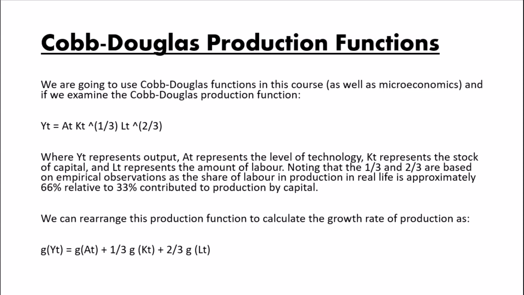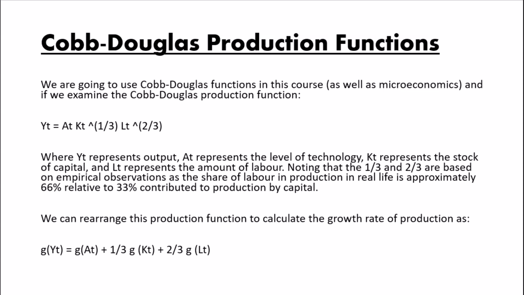Noting that the 1 over 3 and 2 over 3 for the stock of capital and the amount of labour are based on empirical observations, as the share of labour in production in real life is approximately 66% relative to 33% contributed to production by capital.